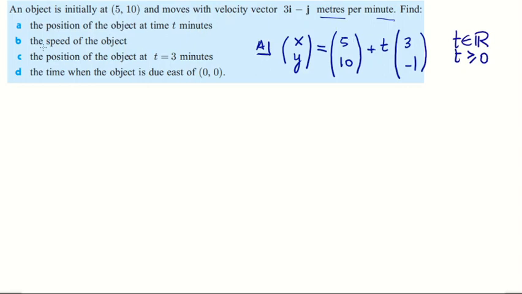Now, the speed of the object. Well, the speed is the magnitude of our velocity vector, which is our direction vector. This is our velocity, because it's a vector.